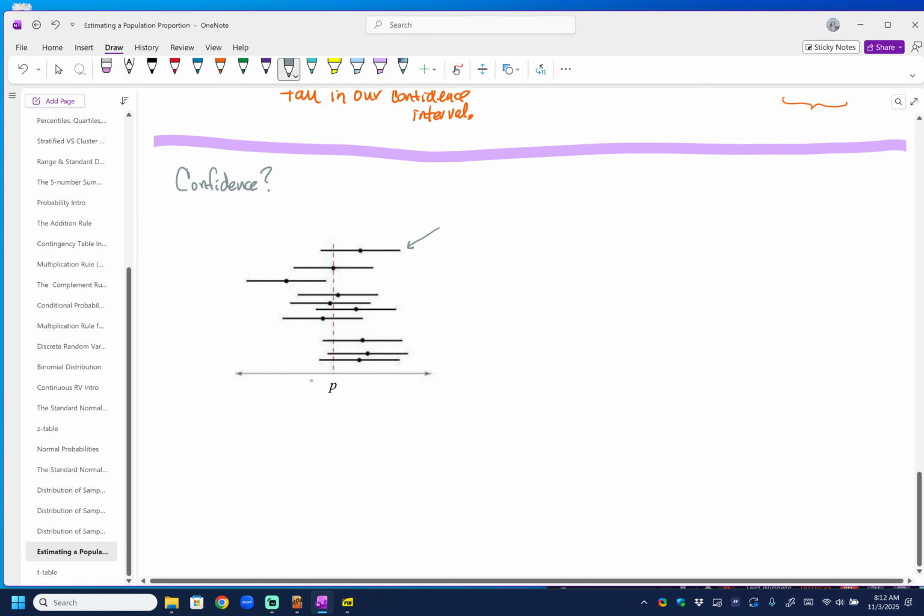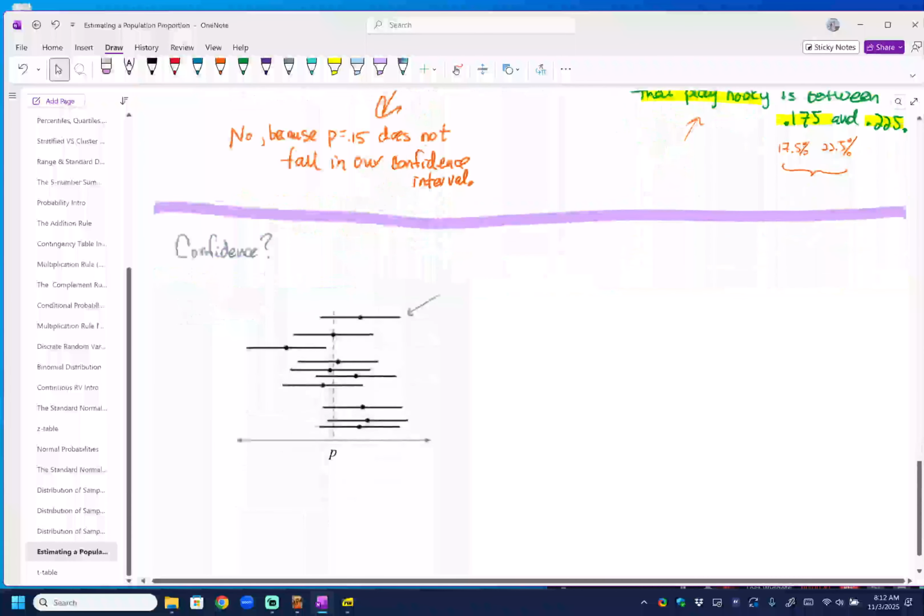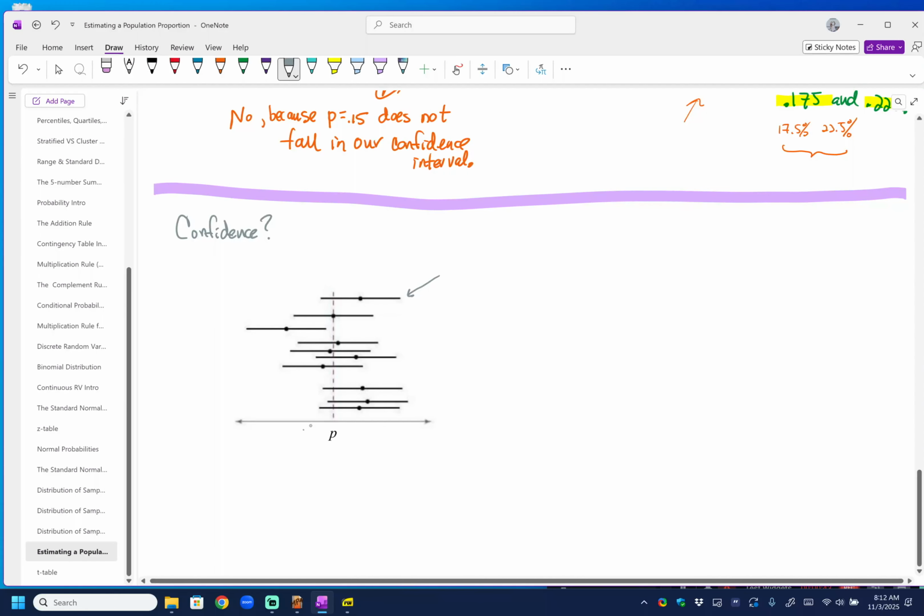So let's assume, for argument's sake, that that is this interval right here. I'm not going to be very specific, but the values were 0.199 and 0.289. So this is the interval that we have calculated, and we put it on the graph.